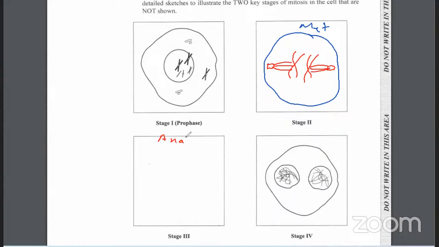And then anaphase. So the chromosomes are being separated at anaphase. And so that would be that.